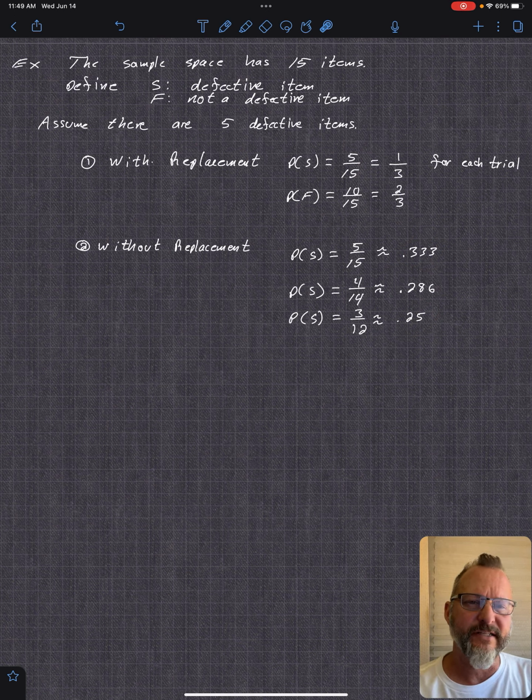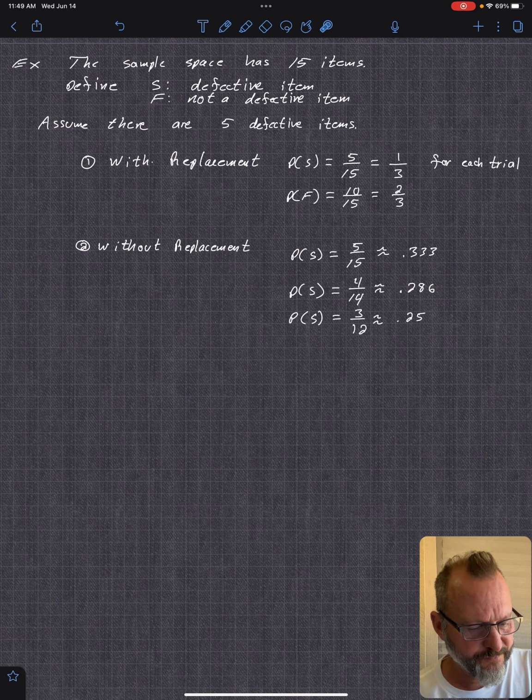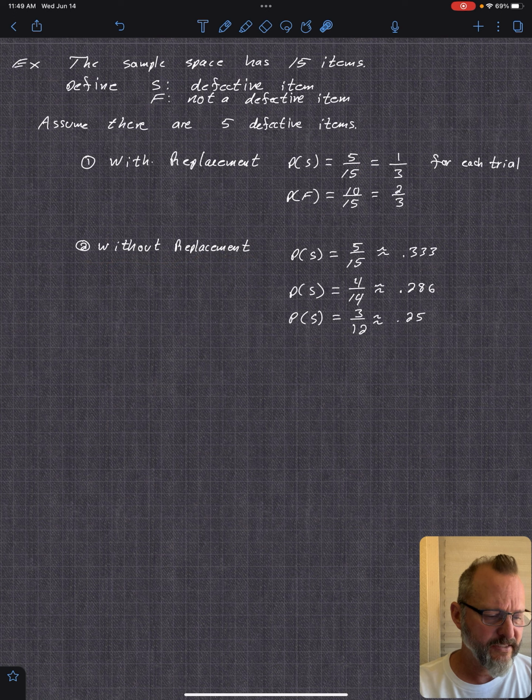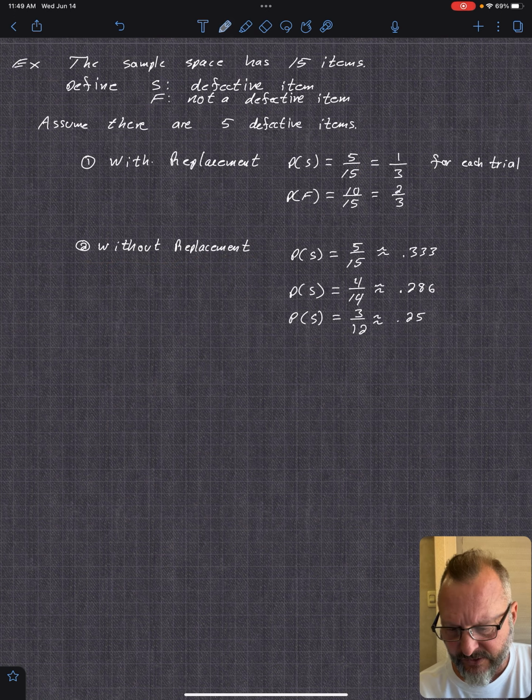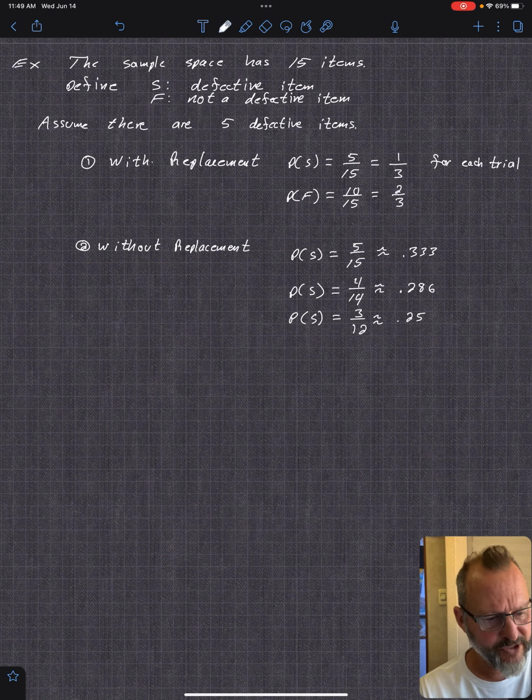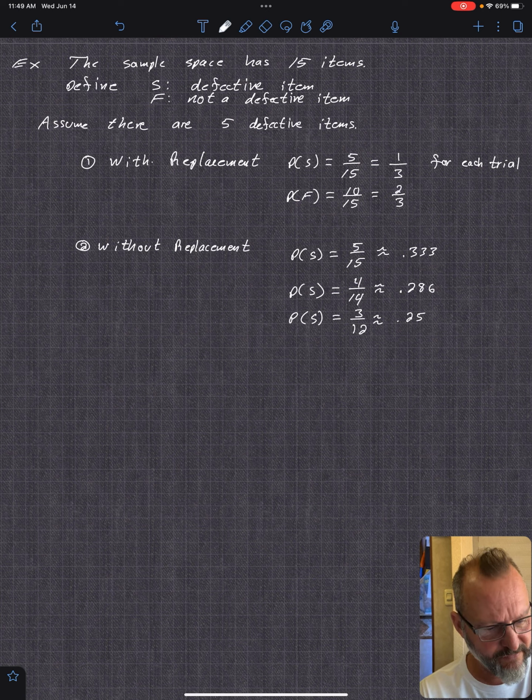So you can't make these assumptions that it's a Bernoulli trial. So without replacement, it can be a problem. We're not going to get too much into this, but here's kind of a rule of thumb concept.